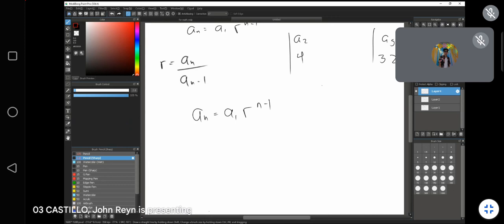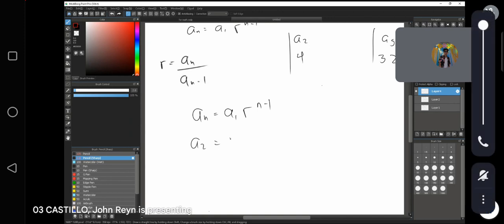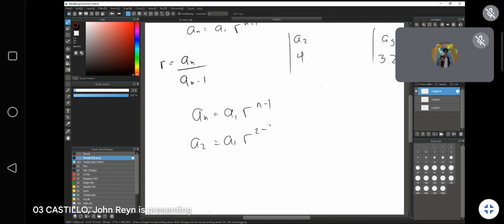So let's write our second term using this formula. So A sub 2 is A1 R raised to 2 minus 1. Then here in A5 as well, A5 is A1 R raised to 5 minus 1.